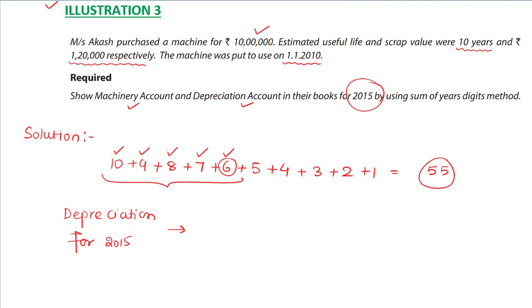10 plus 9 plus 8 plus 7 plus 6 comes to 40. So 40 by 55 multiplied by original cost minus scrap value.